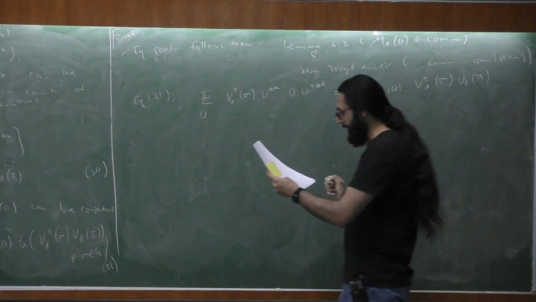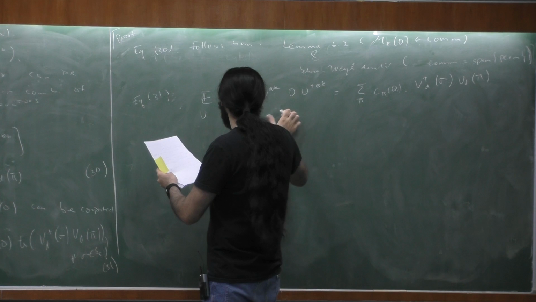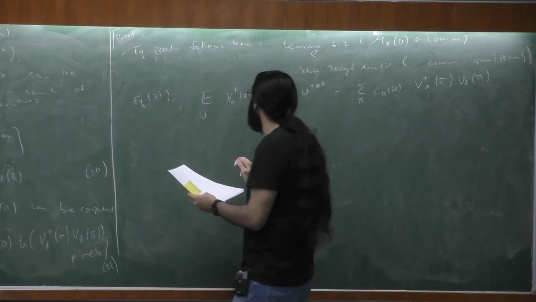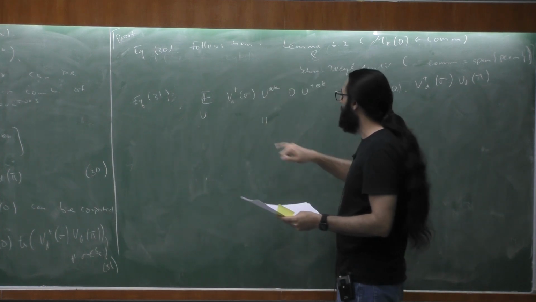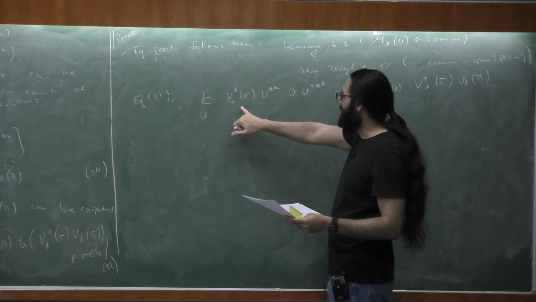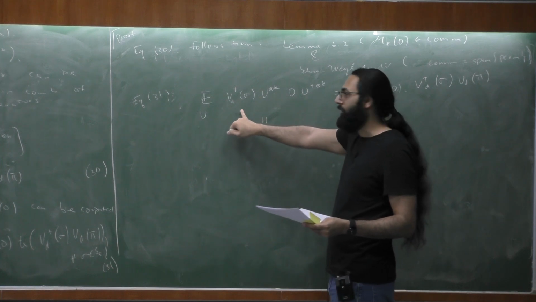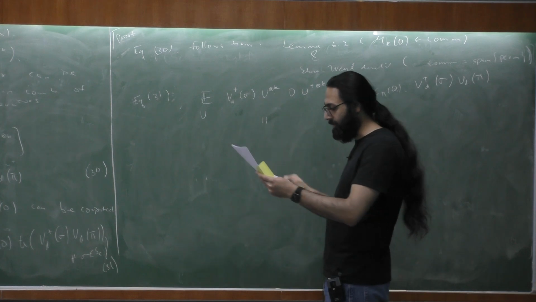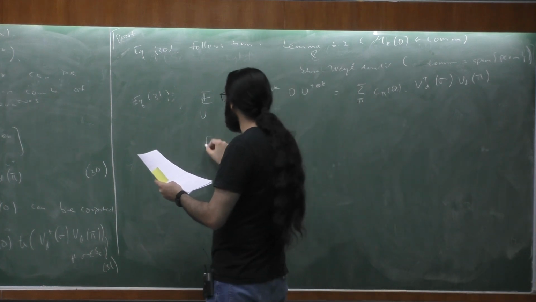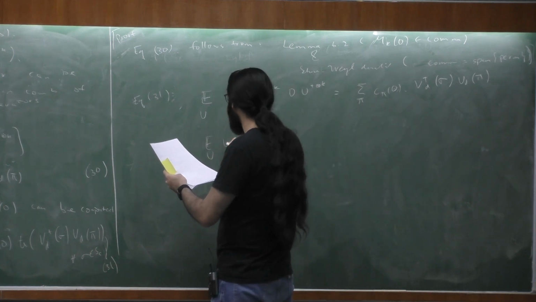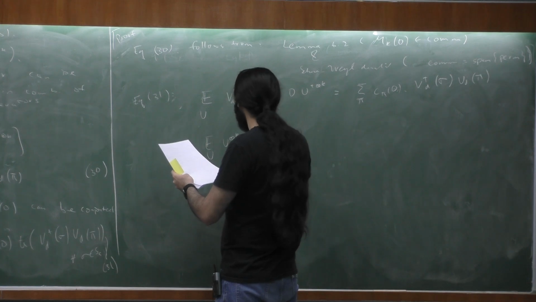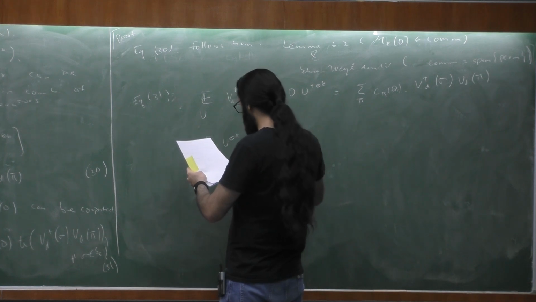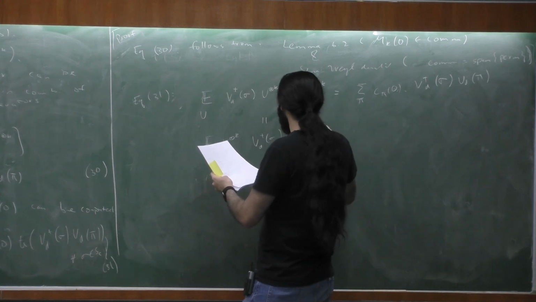Because this is a permutation, and we saw that permutations commute with all U's, we saw that a moment ago, one can write this as U tensor k V_d dagger(sigma) O U dagger tensor k.